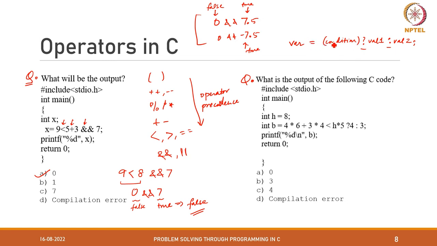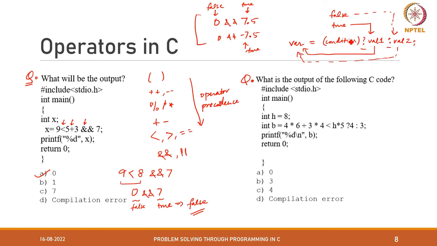Here, if this condition is true, then value 1 will be saved in the variable var. If it is false, then value 2 will be stored in variable var.